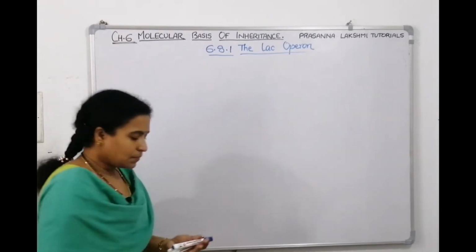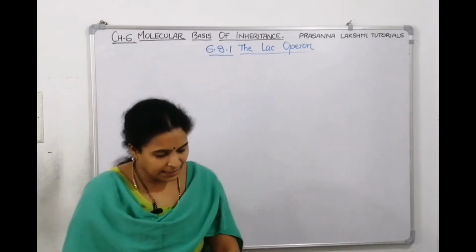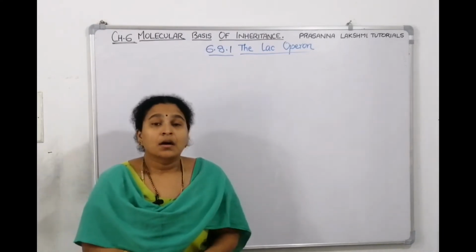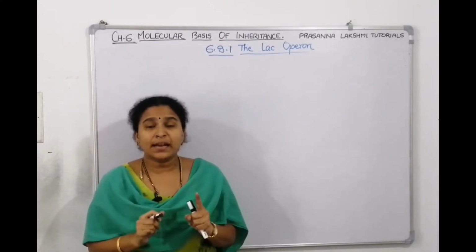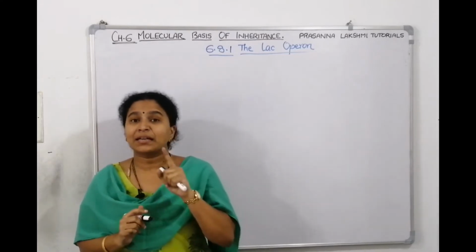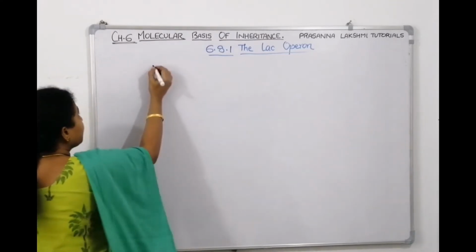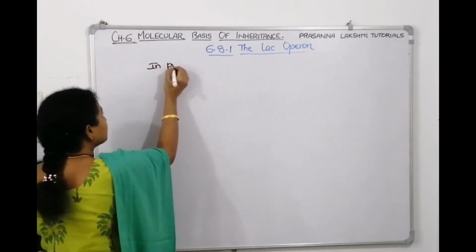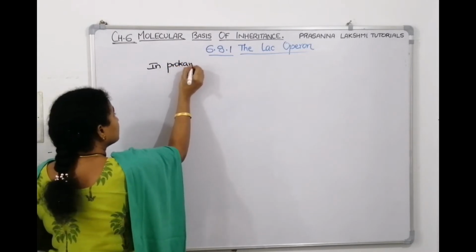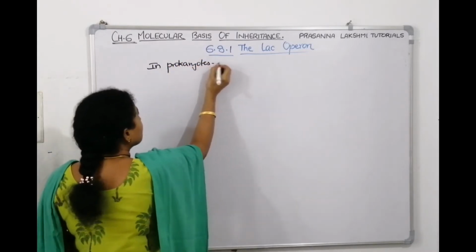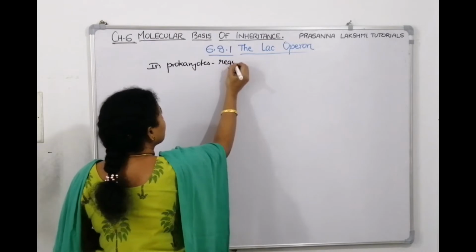We say that in prokaryotes, regulation of gene expression is at only one level, that is the transcriptional level.